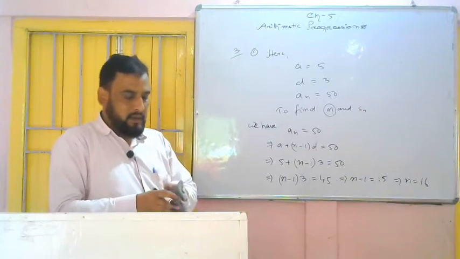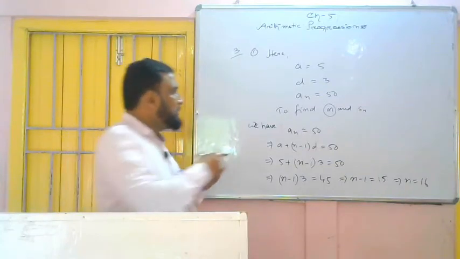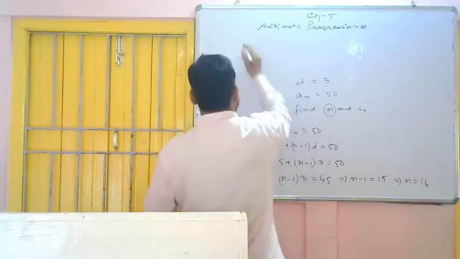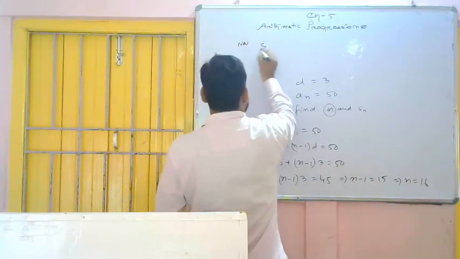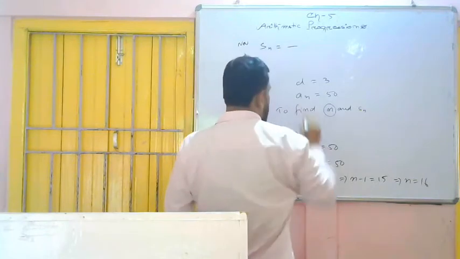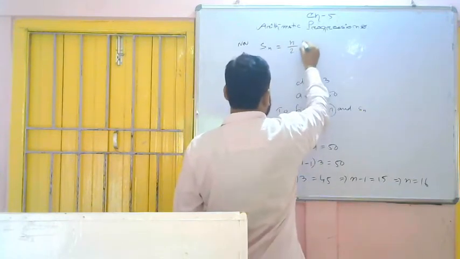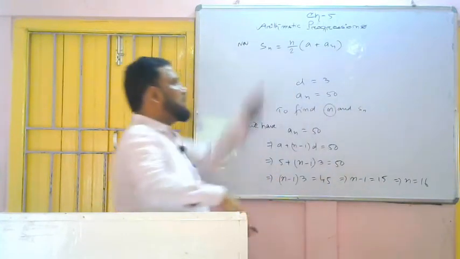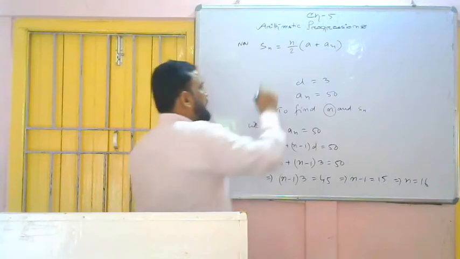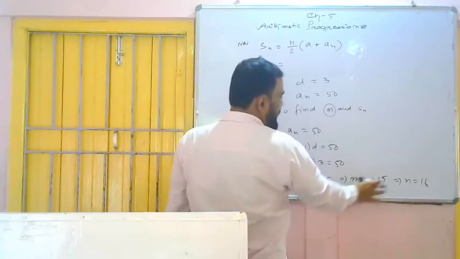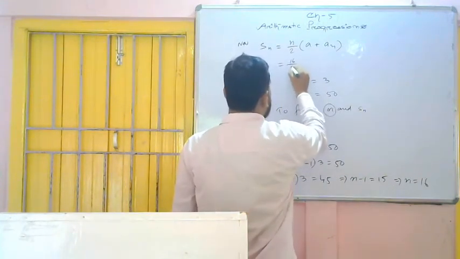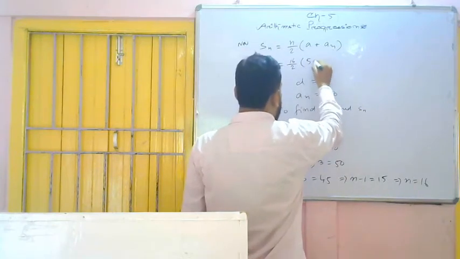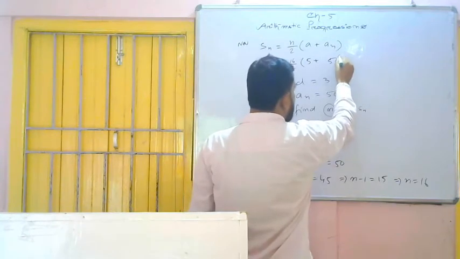Now we got the value of n. Using this n, we can find out Sn. Now Sn is equal to n by 2 into a plus an, because the value of an is given, so we will use this formula, not the direct formula. What is the value of n? 16. 16 by 2 into a was 5 plus an 50.